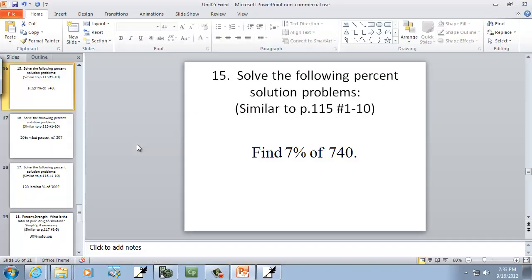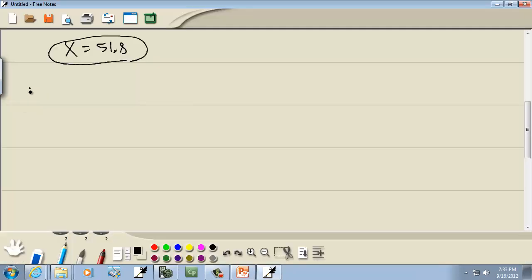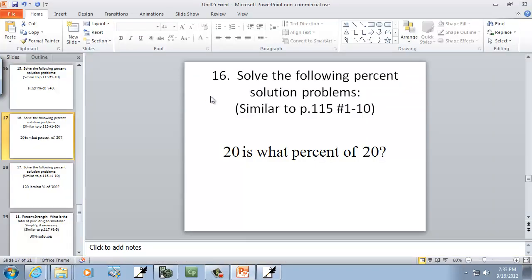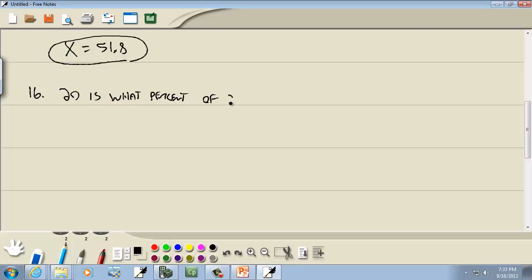Let's take a look at another one. We got 20 is what percent of 20? Well, the is where equals goes. So we got equals there. 20 is here.